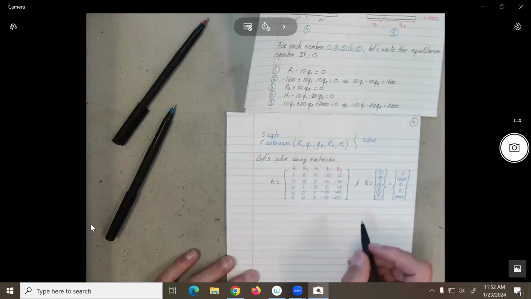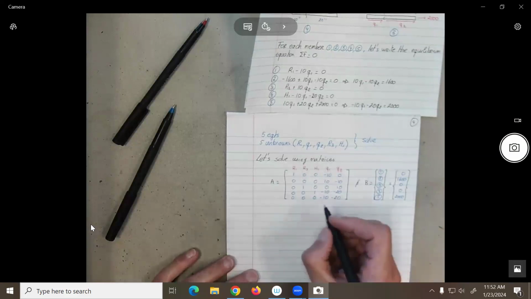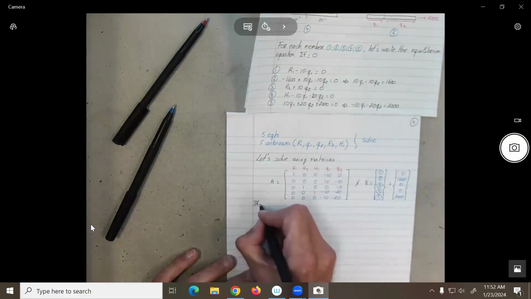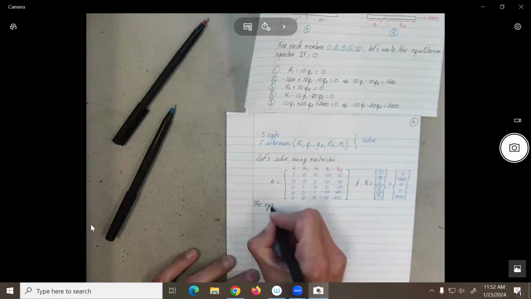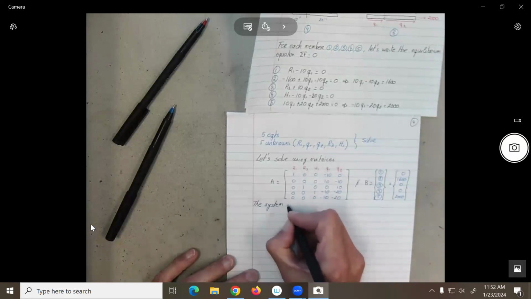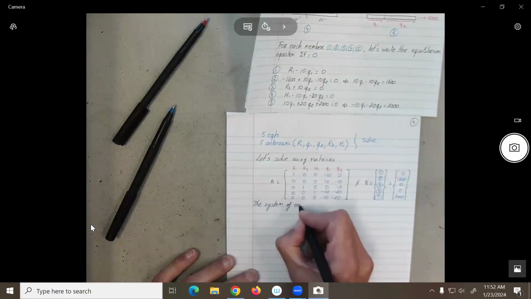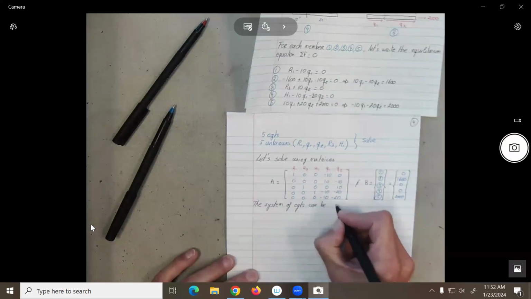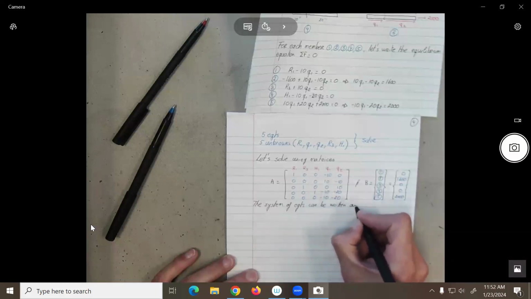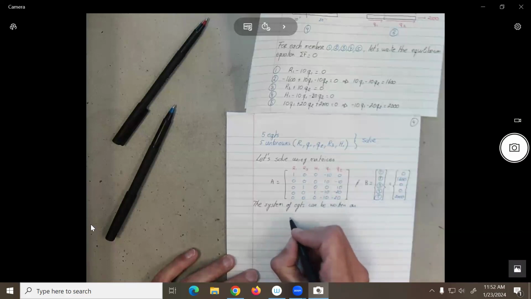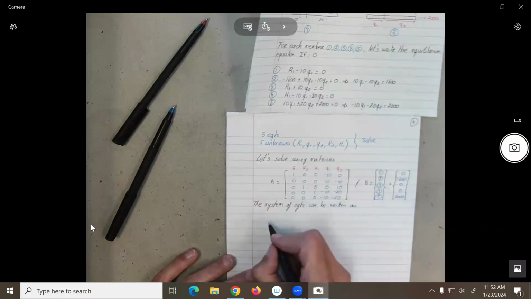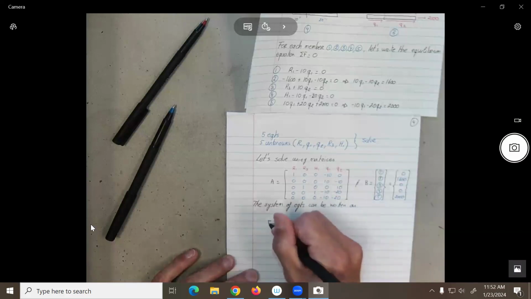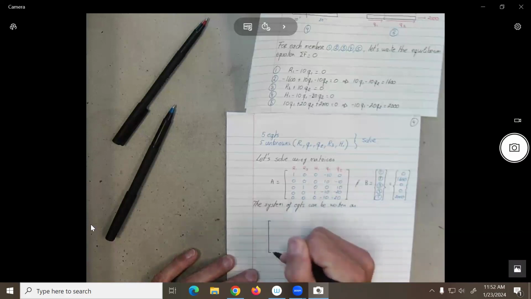So actually, the system of equations can be written as, okay, let me just rewrite everything for the first time. It'll be tedious, but let's do so.